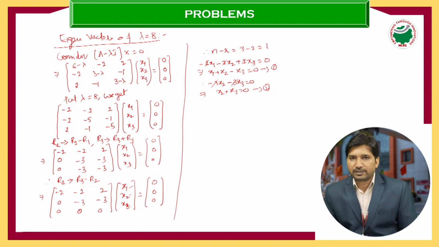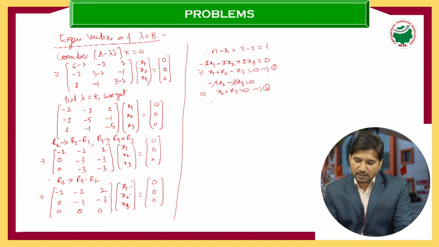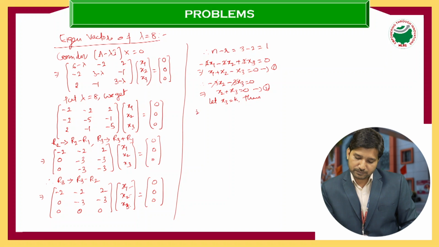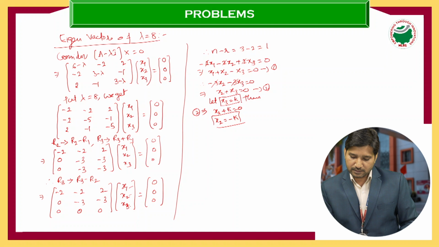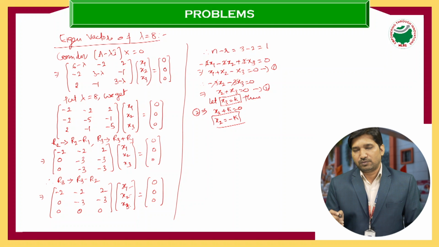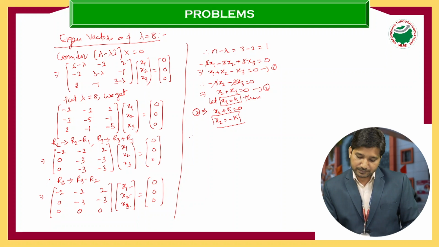Let us take k. Now let x3 equal to k. Then solving from equation 2, x2 plus k equal to 0, so x2 equal to minus k. Substitute these two into equation 1.